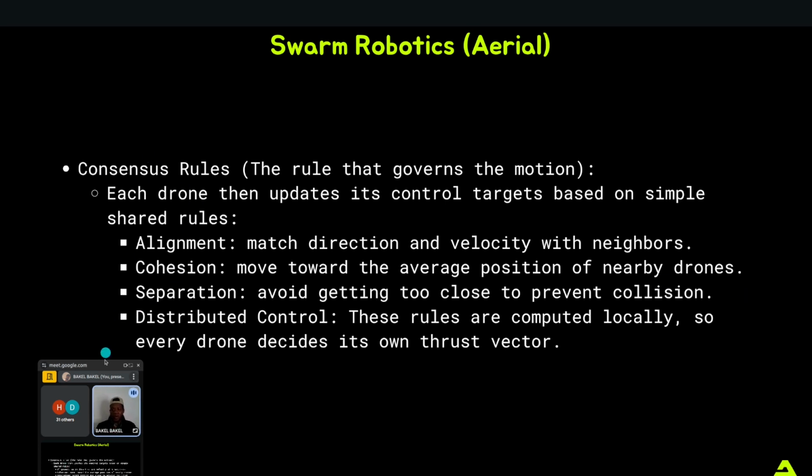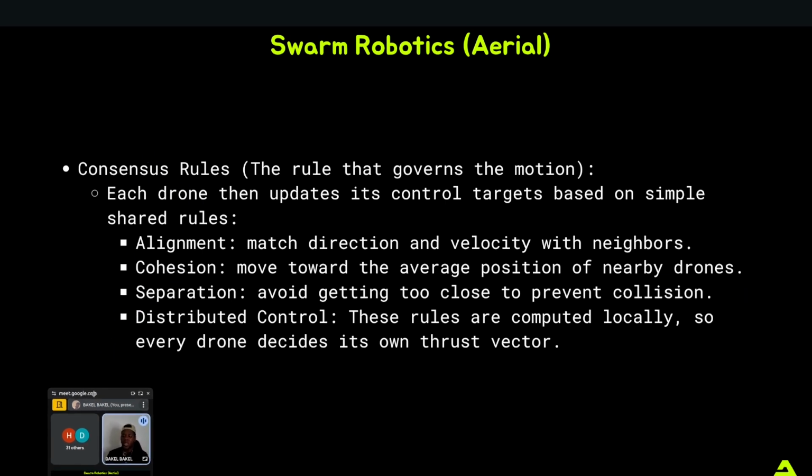So we have some rules that govern how they move, but this is a bit complex. But think of it as, if you want, you can set a rule: do not be 5 centimeter near another drone. So they can move, and once they detect 5 centimeter within each other, they space out.